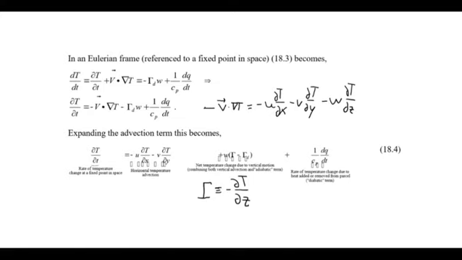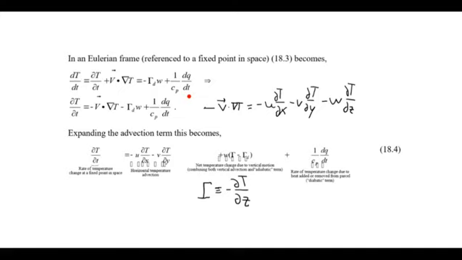So expanding the Lagrangian form of the equation into its Eulerian form, we get as follows here. So total temperature derivative with respect to time is the partial plus v dot grad T, and that equals, as we saw in the previous slide, the adiabatic term and the diabatic term.